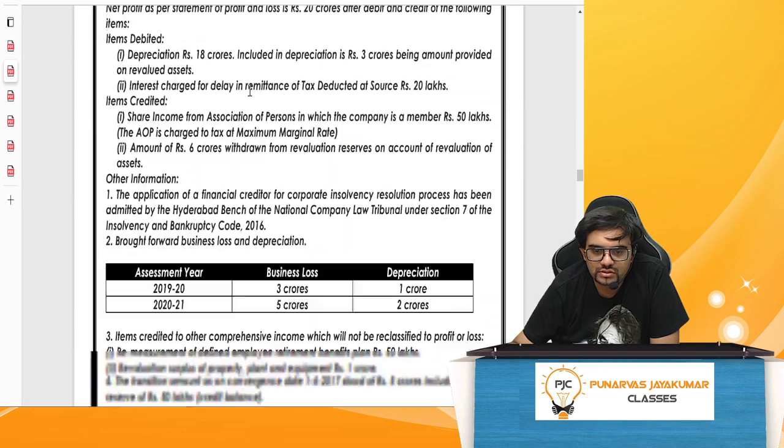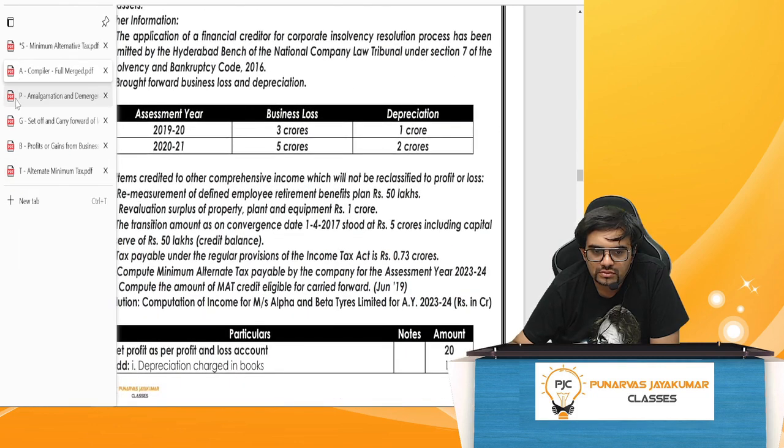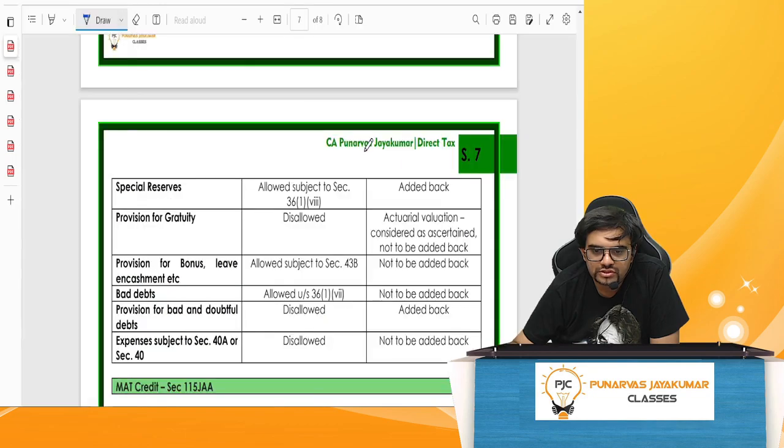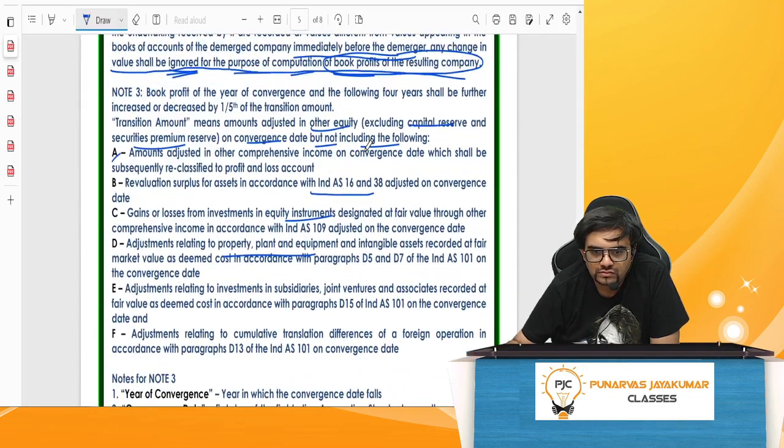See here. What all I should subtract from here, guys? Transition amount means adjusted in other equity excluding capital reserve and security premium account on convergence date. But it will not include the following.